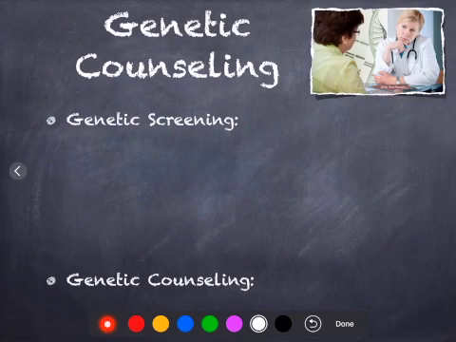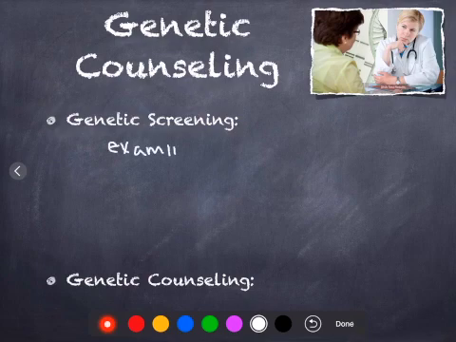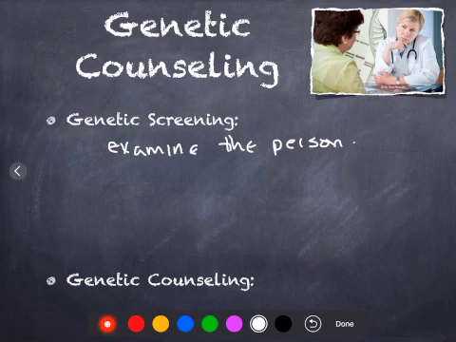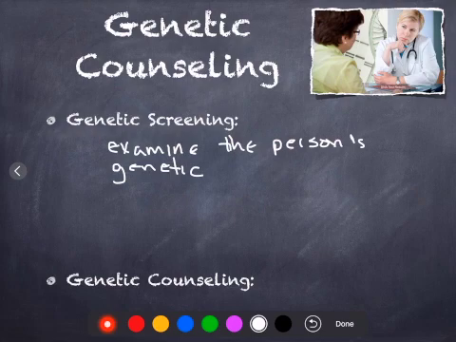Now, finally, what we have are genetic screening and genetic counseling. Now, what a genetic counselor will do is they will perform a genetic screening on you, where they examine the person's genetic makeup. So they look at your genes and they give you opinions on what you should do in the future.